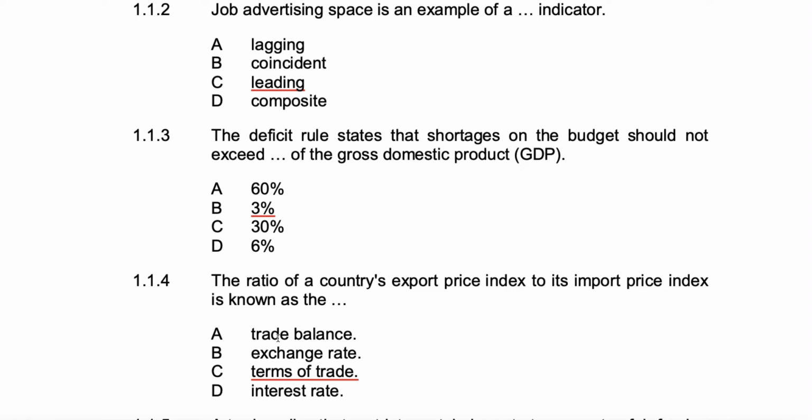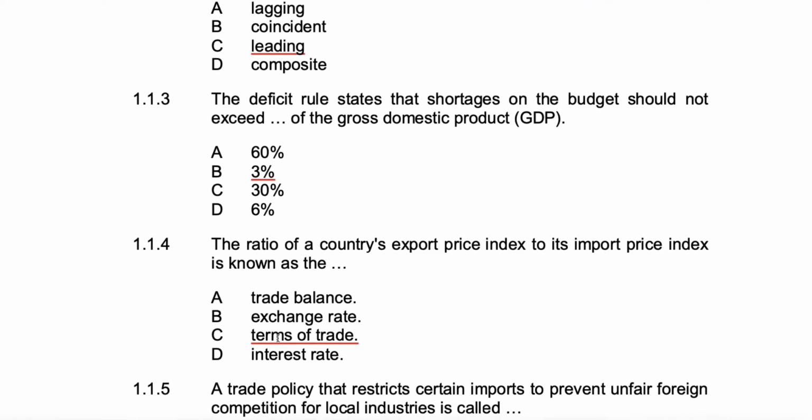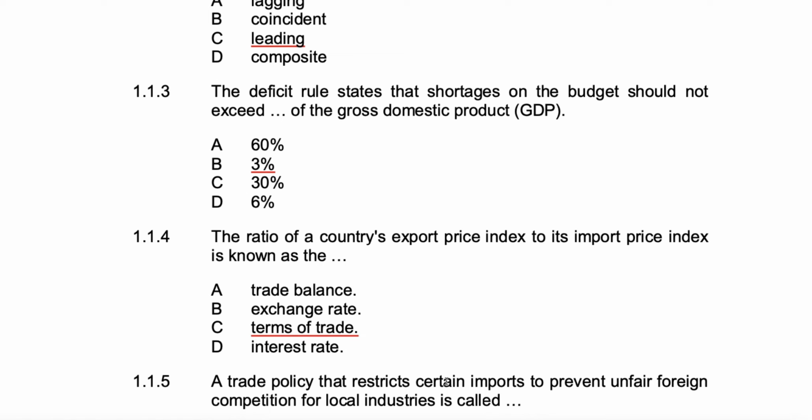So if you invest money, you get an interest. So the rate at which your money multiplies is that. So the trade policy that restricts certain imports to prevent unfair competition from local industries is called.